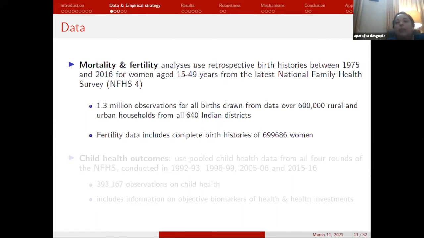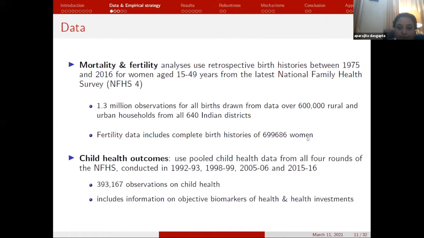Fertility data includes complete birth histories of around 7 lakh women. For child health outcomes, we use the pooled rounds of the 4 NFHS surveys, which were conducted in 1992-93, 1998-99, 2005-06, 2015-16. So this includes about 4 lakh observations on child health, which includes information on objective biomarkers like height, weight, BMI, and health investments.